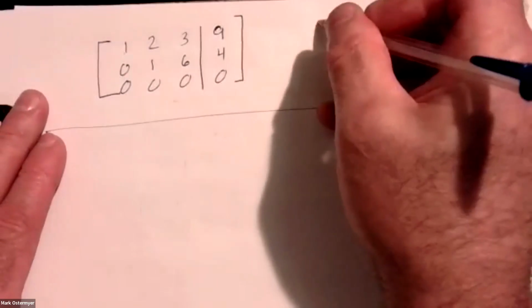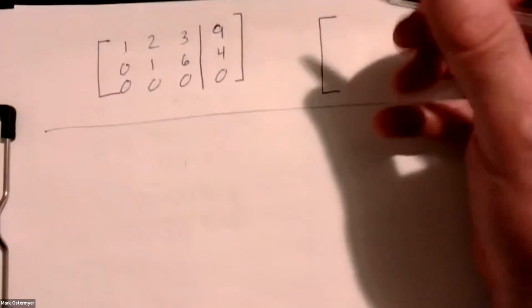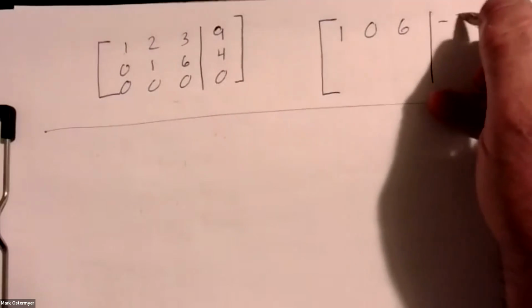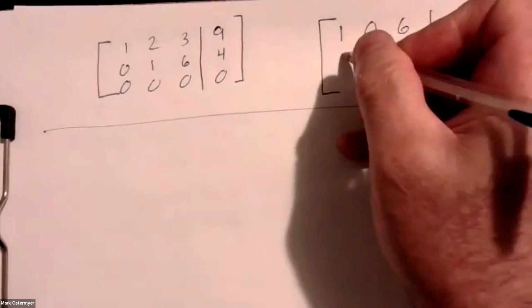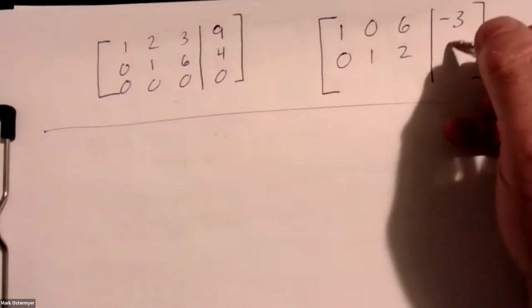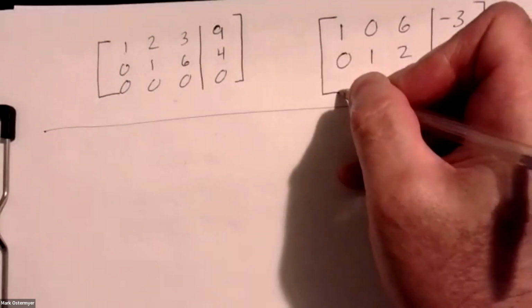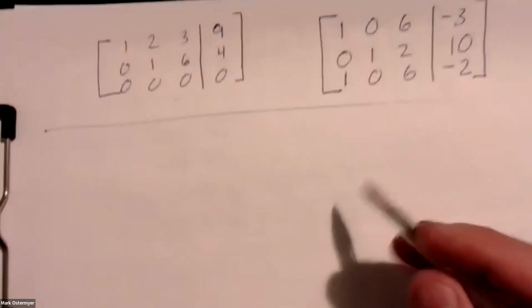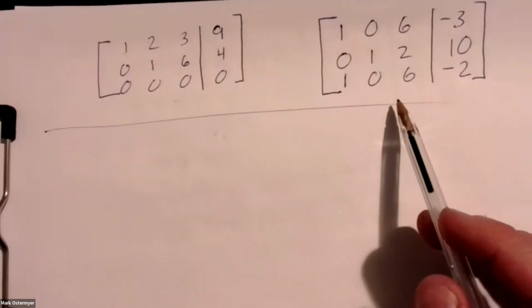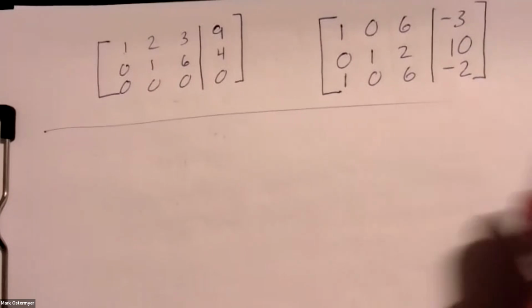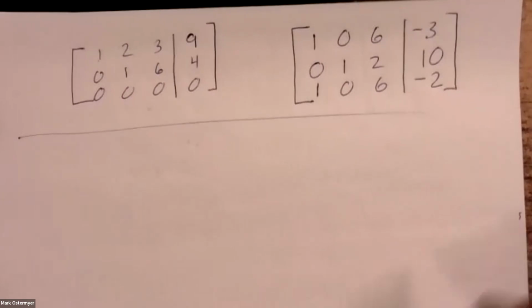All right. Is this matrix here in row echelon form? That one there? No. Why not?